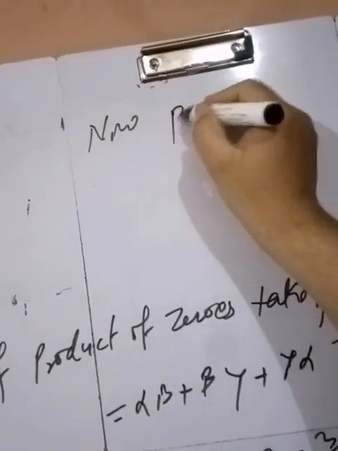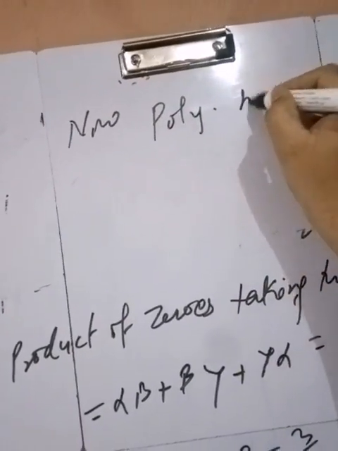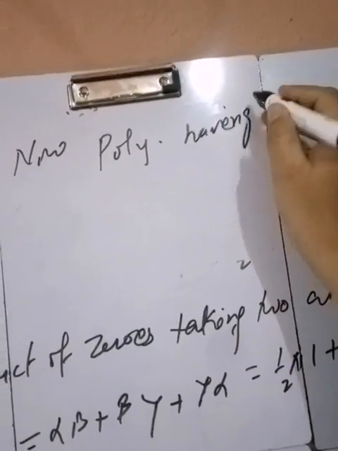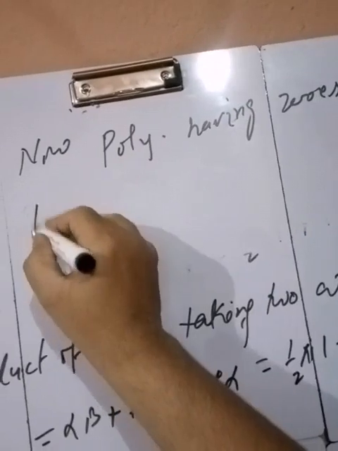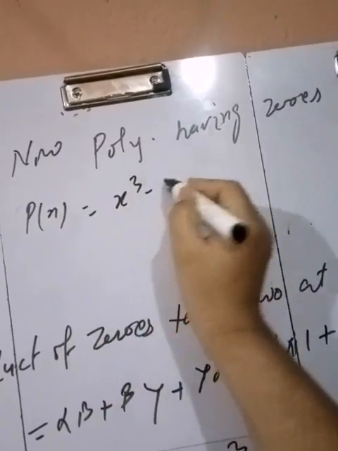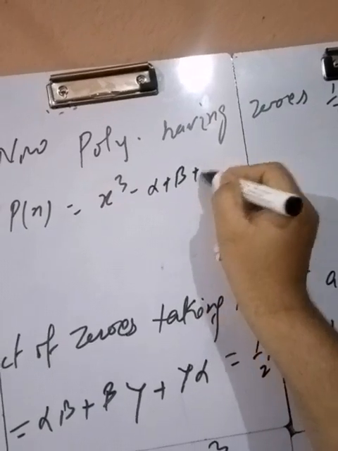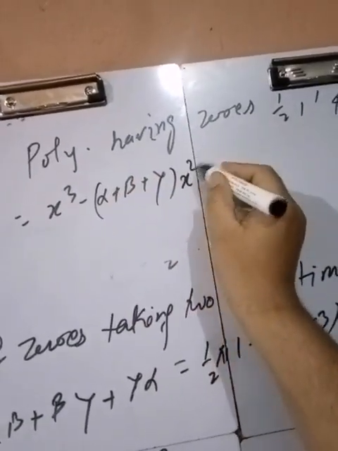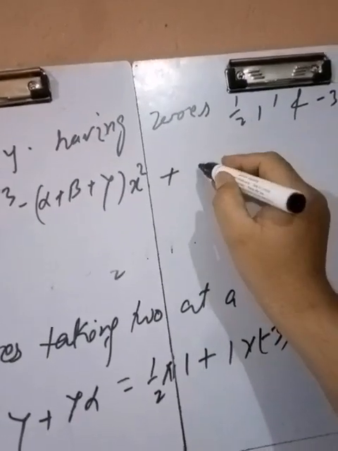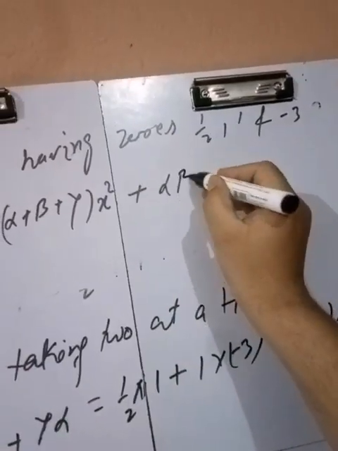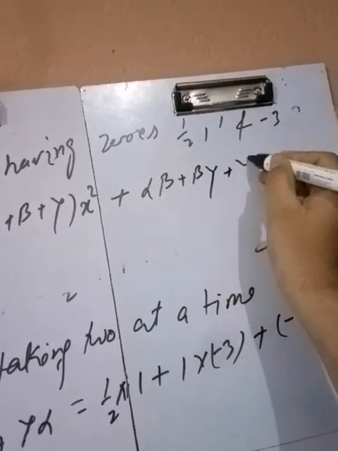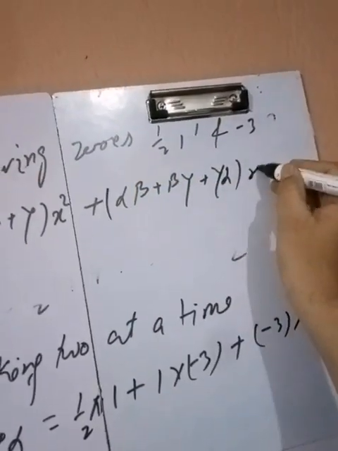Now the polynomial having zeros 1 by 2, 1 and minus 3 is p(x) equal to x cube minus (alpha plus beta plus gamma) x square plus (alpha beta plus beta gamma plus gamma alpha) x minus alpha beta gamma.